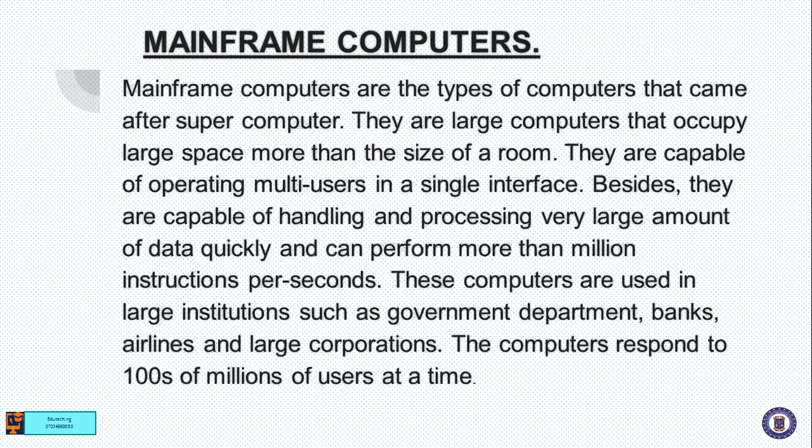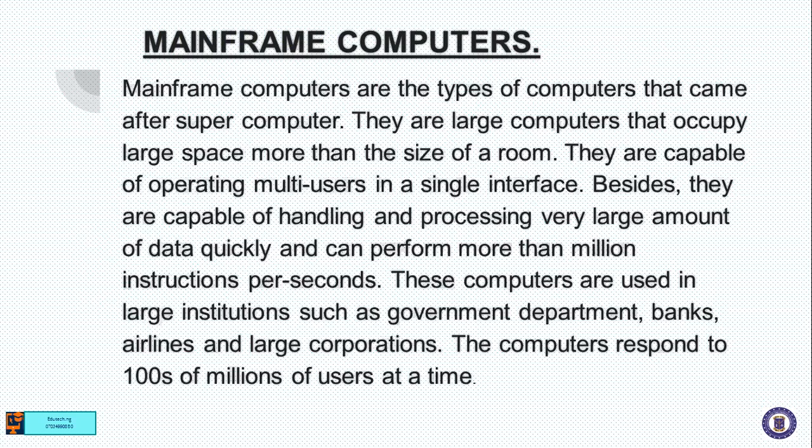Besides, they are capable of handling and processing very large amounts of data quickly and can perform more than million instructions per second. These computers are used in large institutions such as government departments, banks, airlines, and large corporations. The computer responds to hundreds of millions of users at a time.